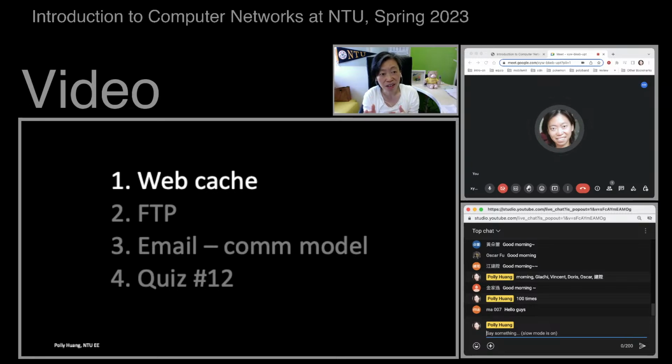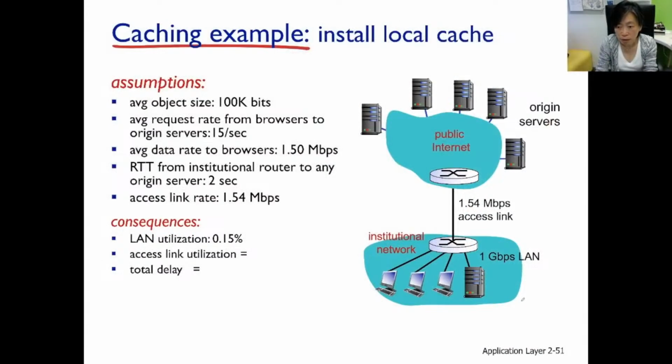But there's a cost of doing that expansion. It's very expensive. And therefore, in scenario 3, web cache is a solution that brings down the delay and yet is not very expensive. Instead of blowing up the access link, let's install a web cache here.